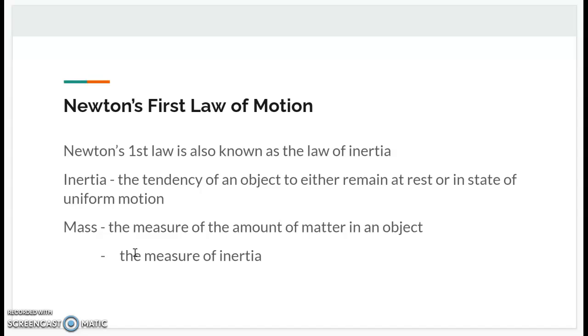Also, if something is heavier and has more mass, it is more difficult to stop when it's in motion. So say a car is in motion, it's a lot harder to stop that car with your own bare hands than a little rubber ball, which has a lot less mass. So that is why it's also the measure of inertia.